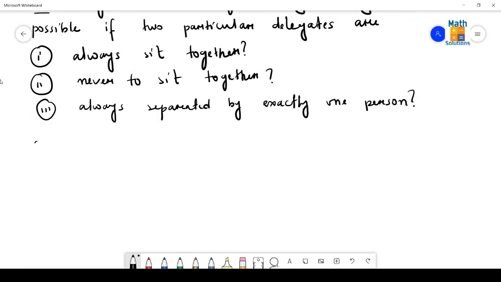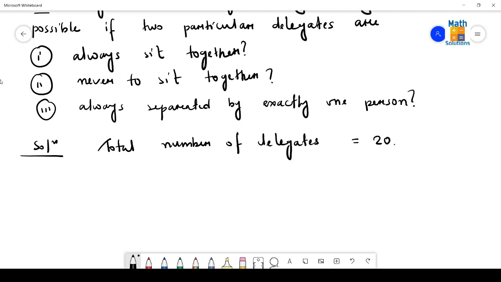So in the solution part, we find that the total number of delegates is equal to 20. Therefore, around the table they can be seated.